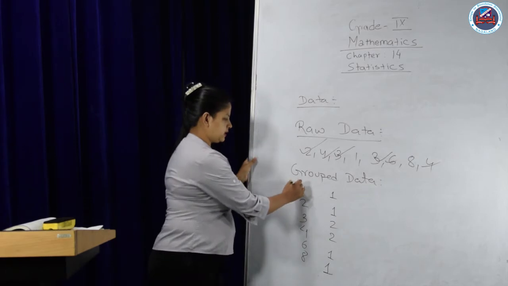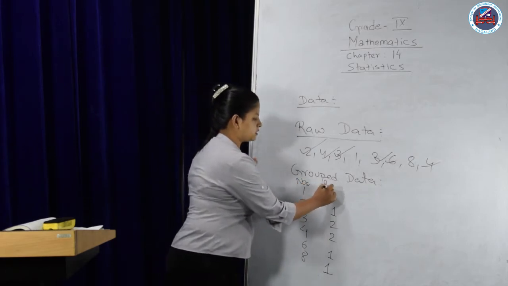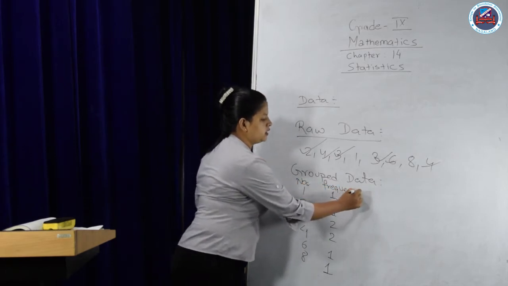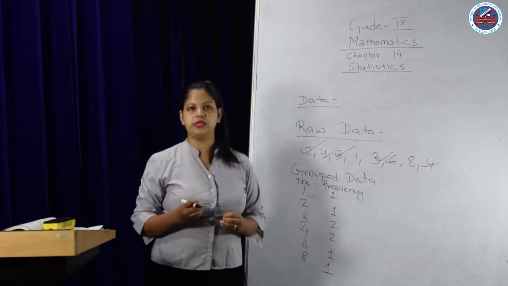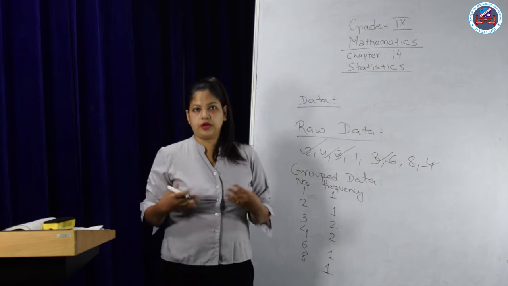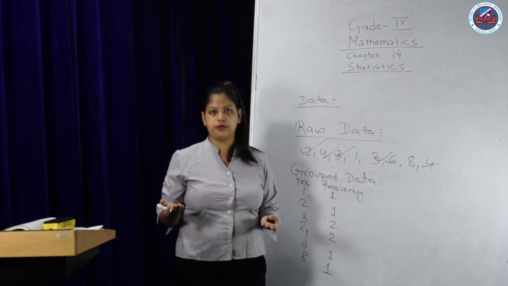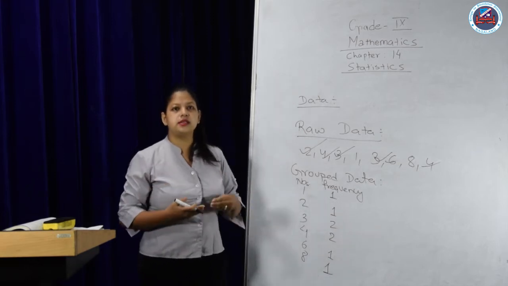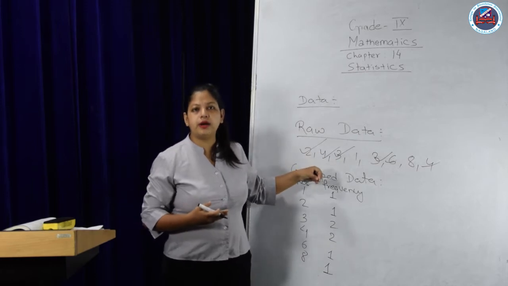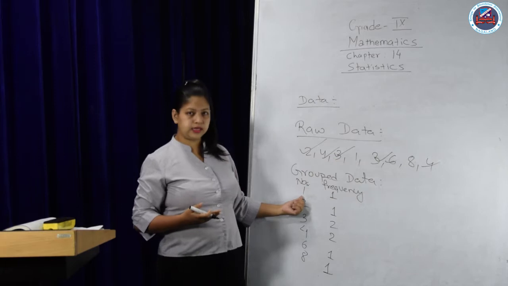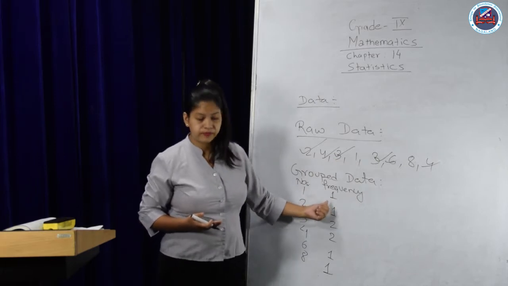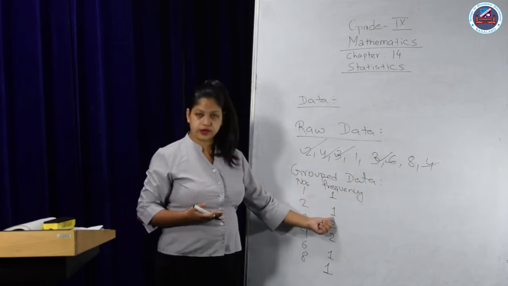These are the numbers, and this is called frequency. Now what is the word frequency? The word frequency means coming again and again. Frequently it comes; you have heard it before also. So frequency means the number of times that particular number has been repeated. If you check here, 1 is repeated only 1 time, so its frequency is 1. 2 is repeated 1 time, frequency 1.